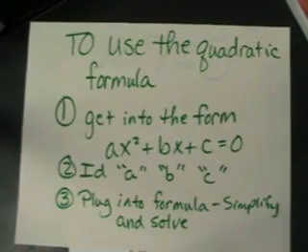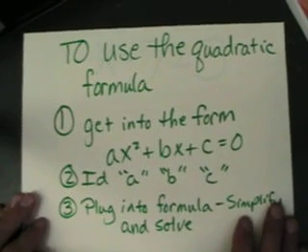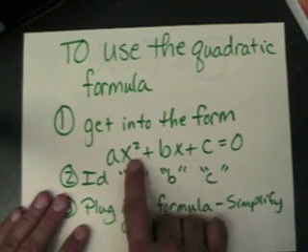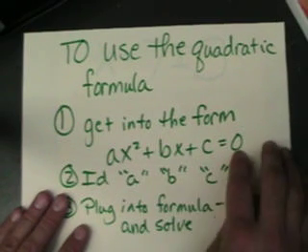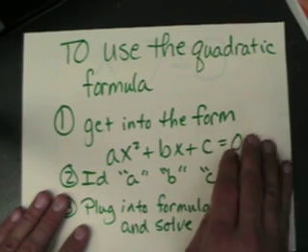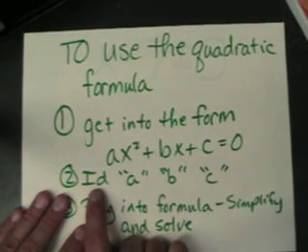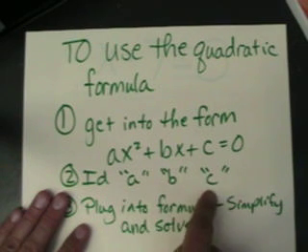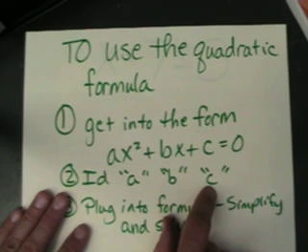Okay, so here's what we need to do. When we're using the quadratic formula, we need to get it into the correct form. It needs to be ax squared plus bx plus c equals 0. You don't want to have anything on this other side; you want it to be 0. Then we need to identify what the values of a, b, and c are, and you always take the sign that's on the left-hand side of the number with it.